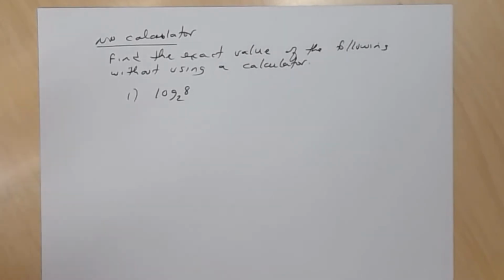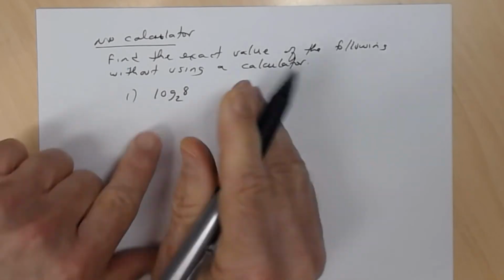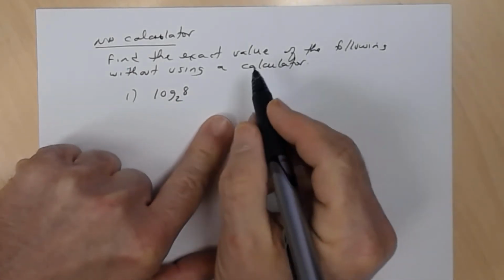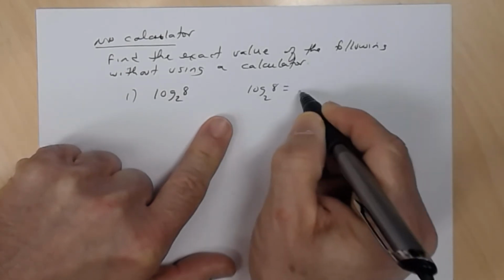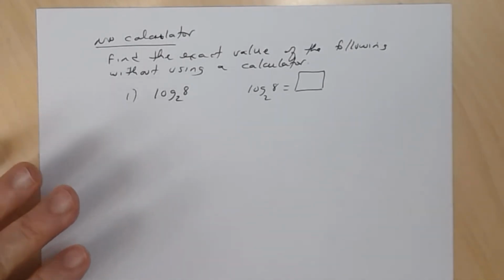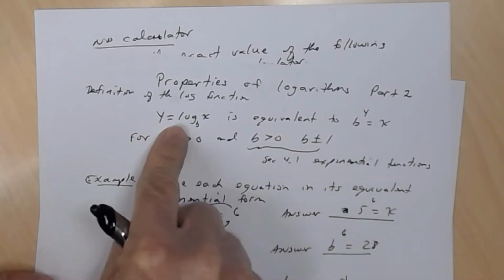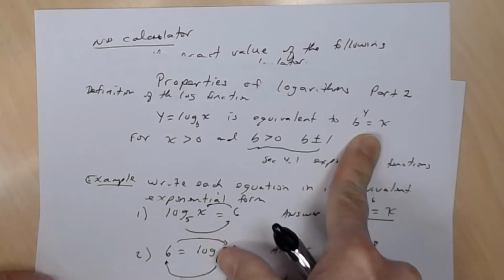All right, so basically, you want to find out what this is equal to. You'll be given it like this, and then your goal is to figure out what the log of 8 base 2 is. Now, without using a calculator, you want to make sure that you're using your property right here: the log equation is equivalent to this exponential equation.